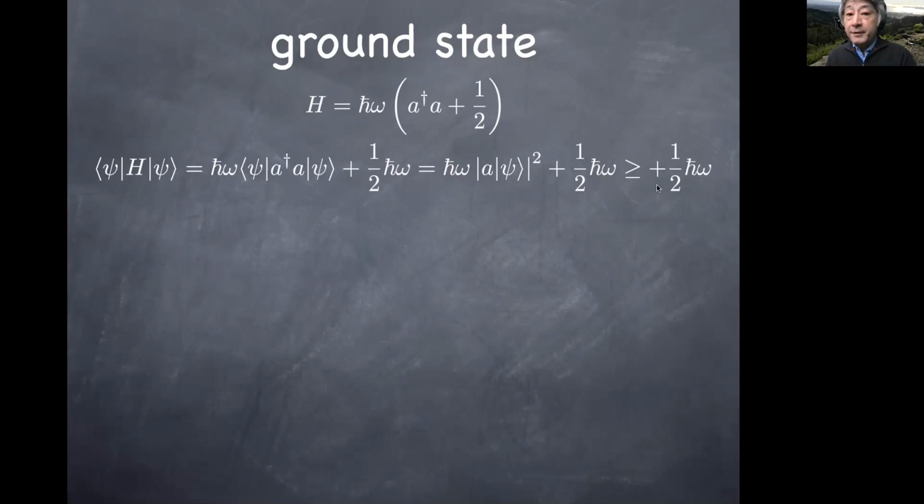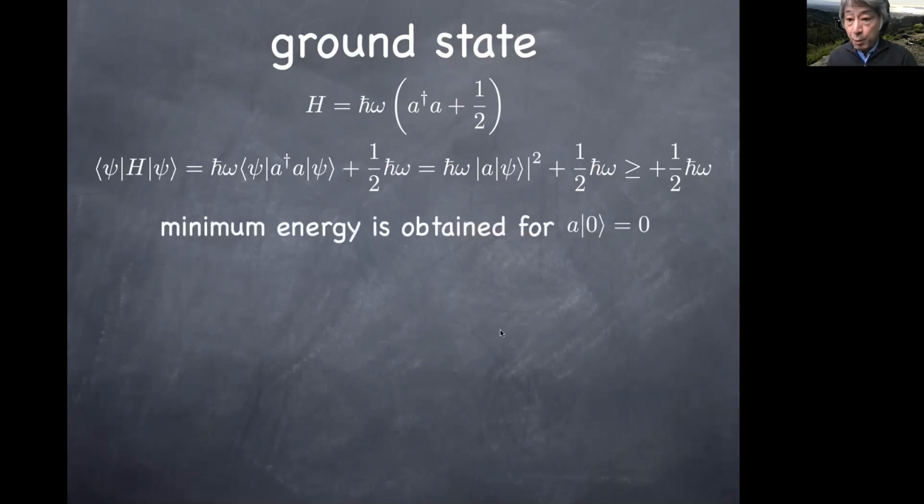So in order to have the lowest energy, that's the definition of the ground state, you want to have this A acting on psi ket to be 0. So that's the definition of the ground state. Namely, when you find a state which is annihilated by this annihilation operator A, that is the state with the minimum energy, and therefore that is the ground state.